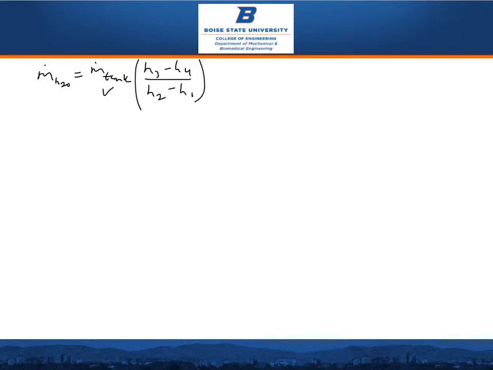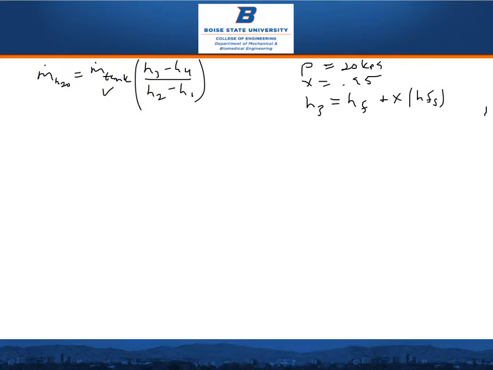For the water flowing into the tank, they're giving us a pressure of 20 kPa and a quality of 0.95. So, using those, we should be able to find H3. H3 is going to equal HF plus X times HFG.